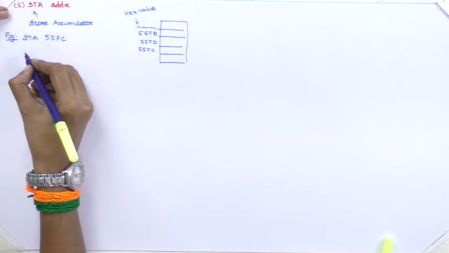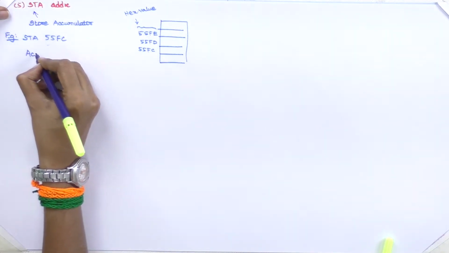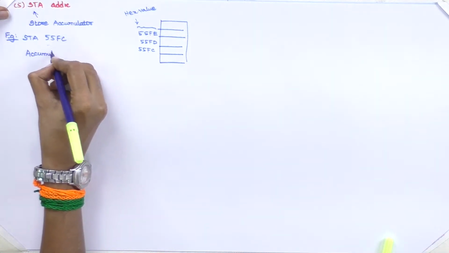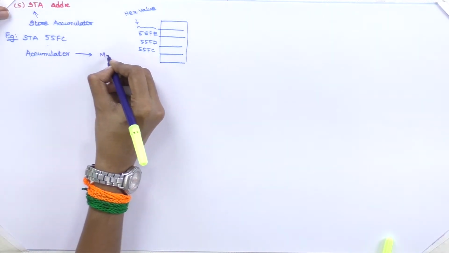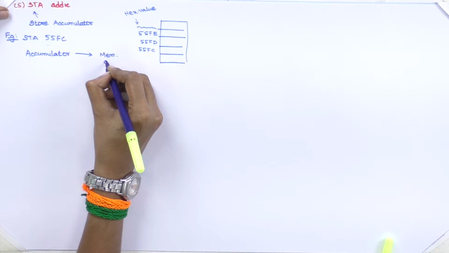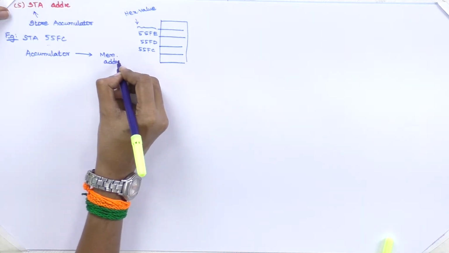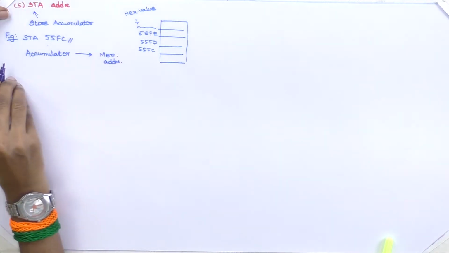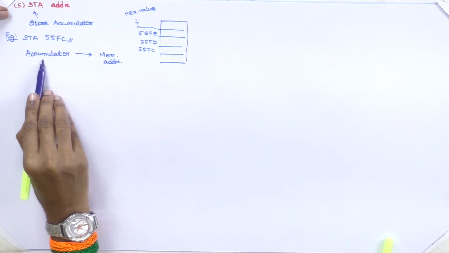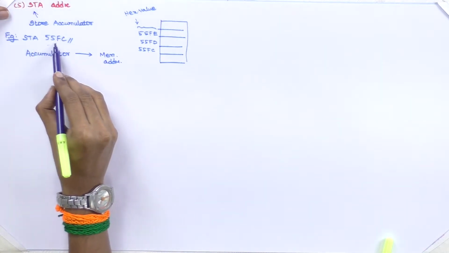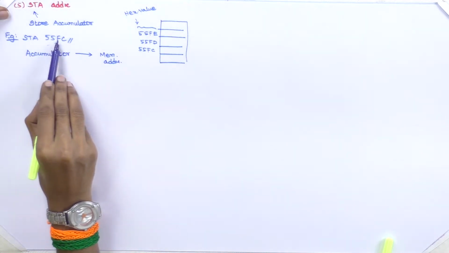Fine. So what will happen here is the value in the accumulator will get stored in the memory address mentioned in the instruction. As of this instruction, the value in the accumulator will get stored in the memory location 55FC.